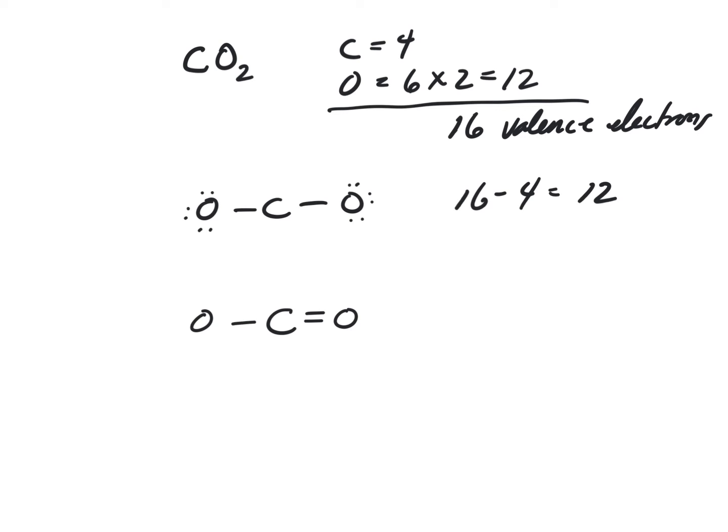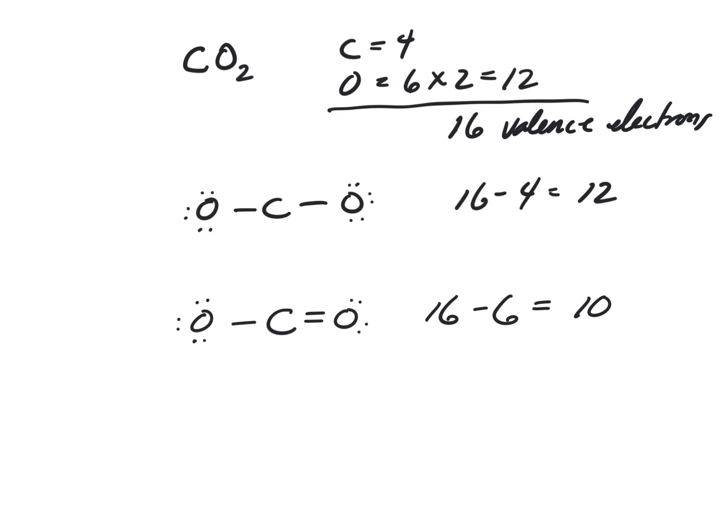Again, I'm working with 16 electrons. Now I've used 2, 4, 6 electrons in making my bonds, and that leaves me with 10 leftover electrons. Let's see what this does for us. We're going to distribute these 10 electrons around our molecule. 1, 2, 3, 4, 5, 6, 7, 8, 9, 10.